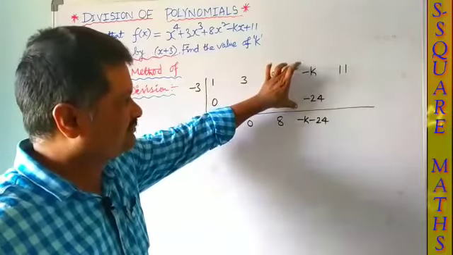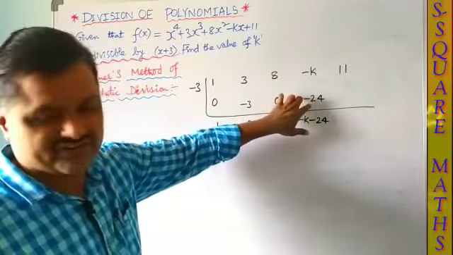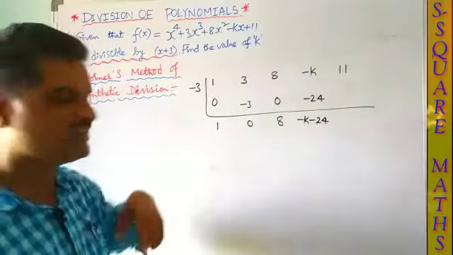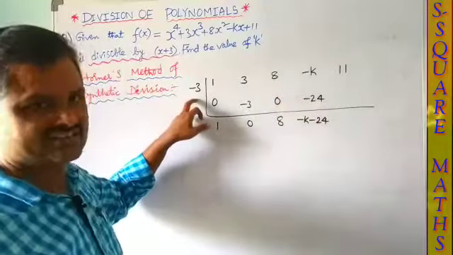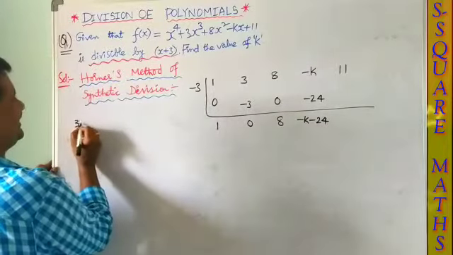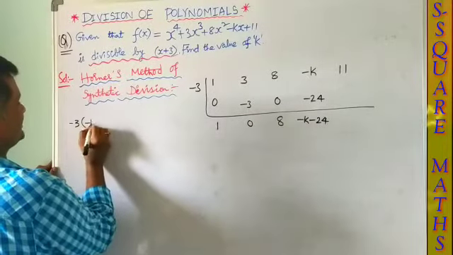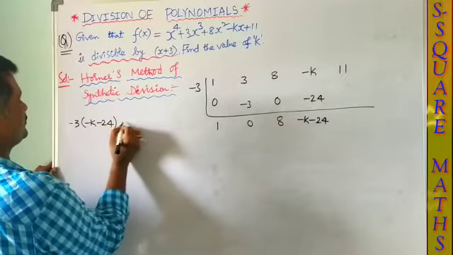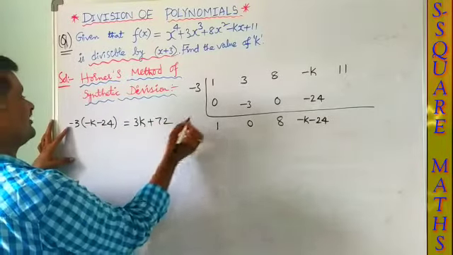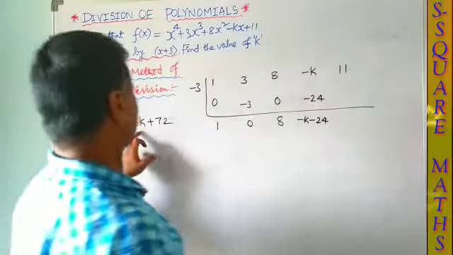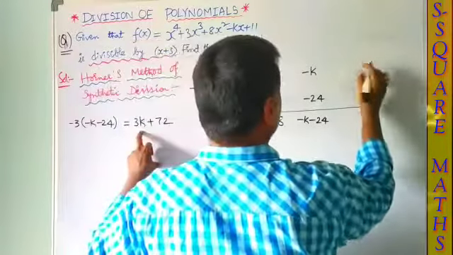After addition, minus k plus of minus 24, but plus into minus is minus. So minus k minus 24 again into minus 3. So minus 3 into minus k minus 24 gives minus into minus plus, so 3k plus 72.